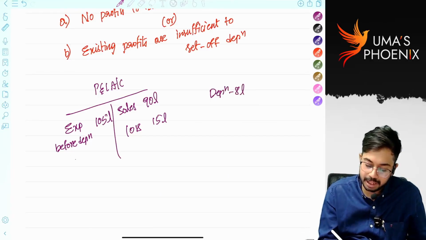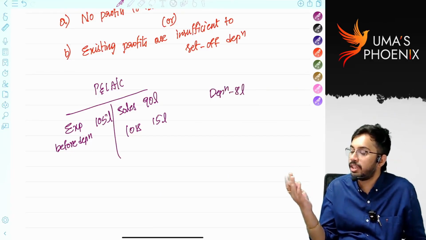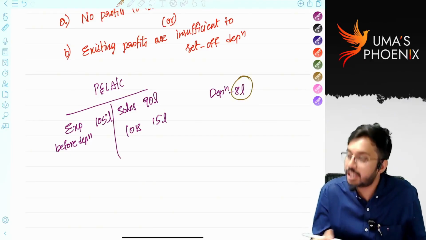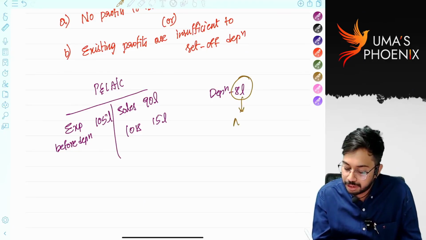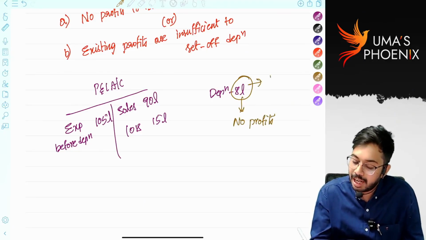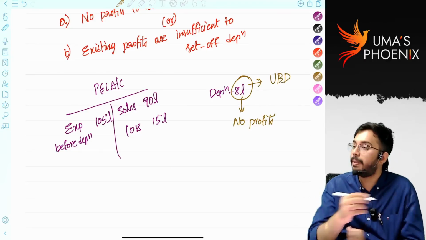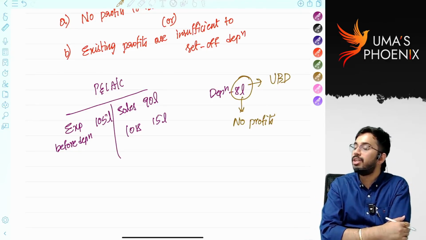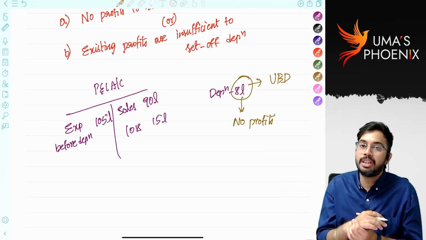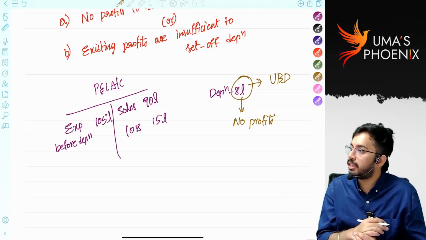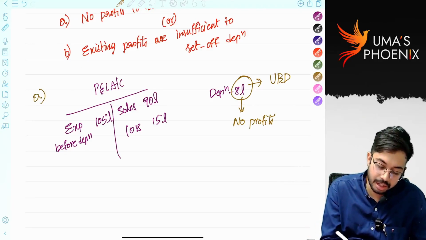Can you claim depreciation? You cannot claim depreciation. To set off this depreciation of 8 lakhs, are there profits? There are no profits to set off depreciation of 8 lakhs, right? So we call this 8 lakhs unabsorbed depreciation. Are you able to understand? So if there are no profits to set off depreciation, we call that depreciation amount unabsorbed depreciation. This is case A.